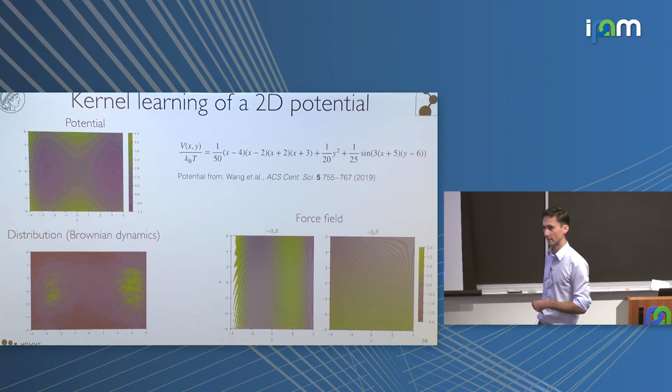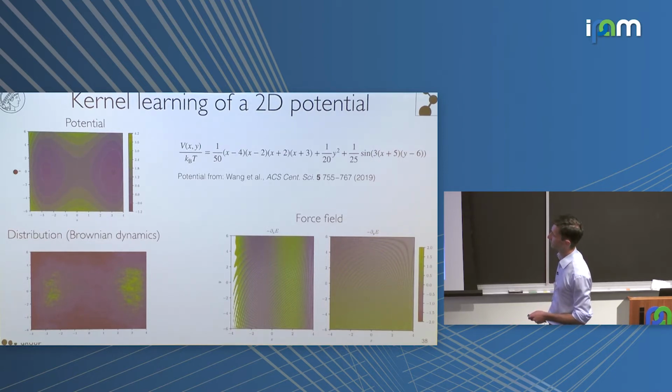So I'm running Brownian dynamics, and once in a while I just record the force I get of where I am, and then I'd like to learn that. That's the reference data for the force field. So if I differentiate this function here, that's what I get for the x and the y components of the force field.